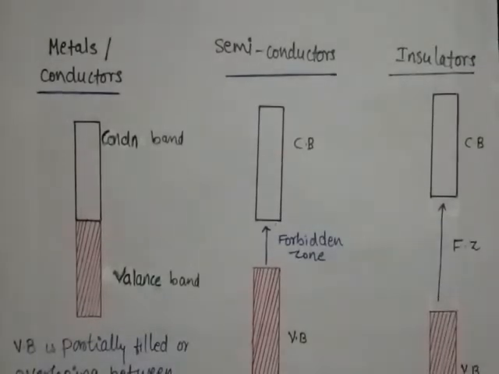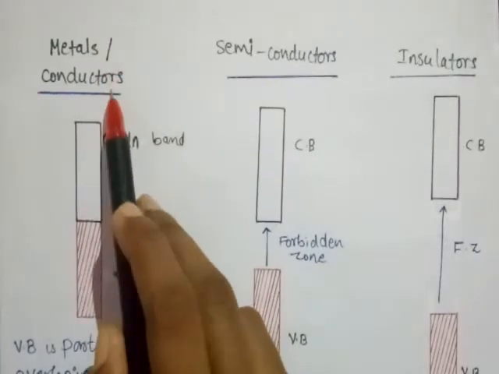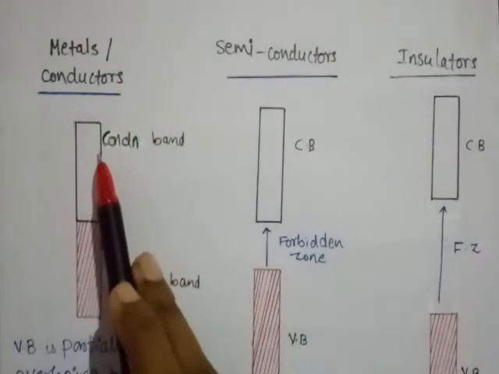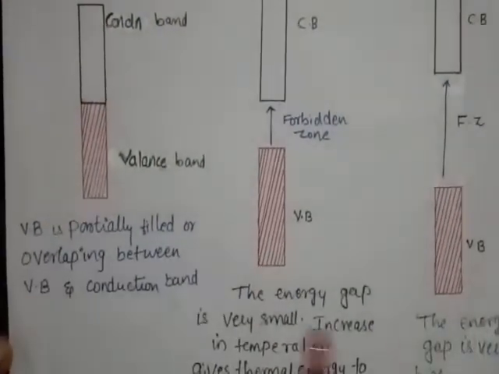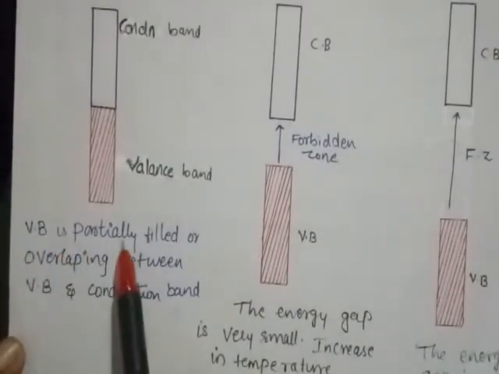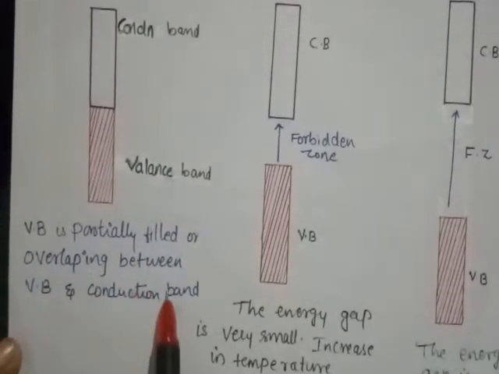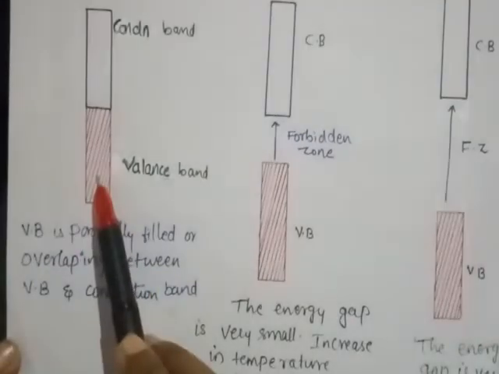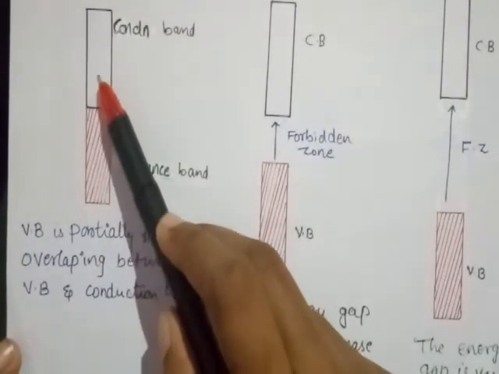First we consider metals or conductors. We know that all metals are conductors. This is the conduction band and this is the valence band. The valence band is partially filled, or there is an overlap between the valence band and the conduction band.